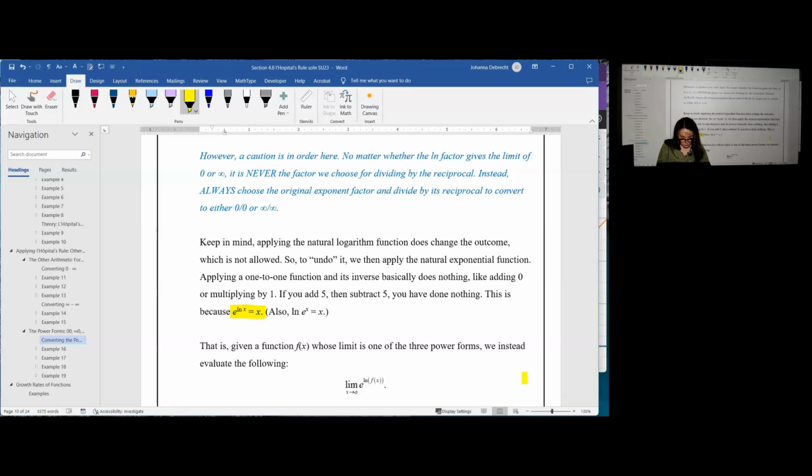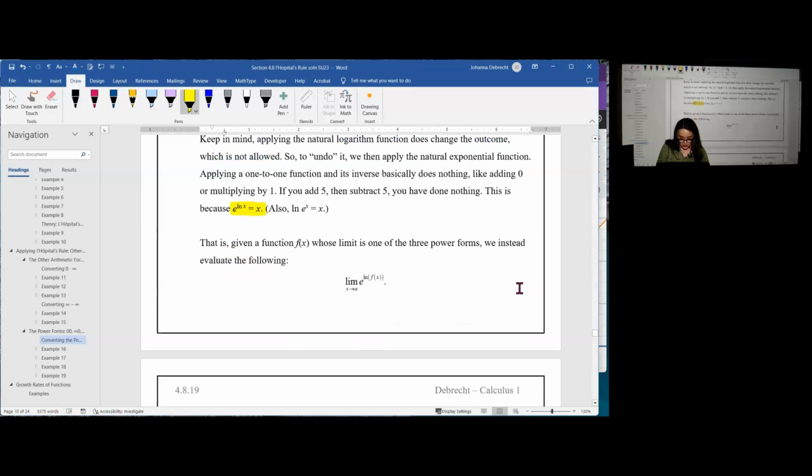In other words, we're going to take a function whose limit is one of the 3 power forms, and instead of evaluating the limit of f of x as x approaches a, we'll evaluate the limit of e to the power natural log of the function.